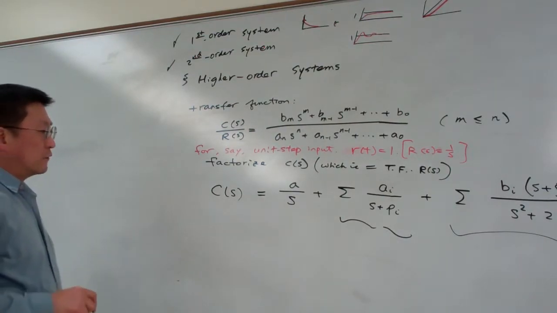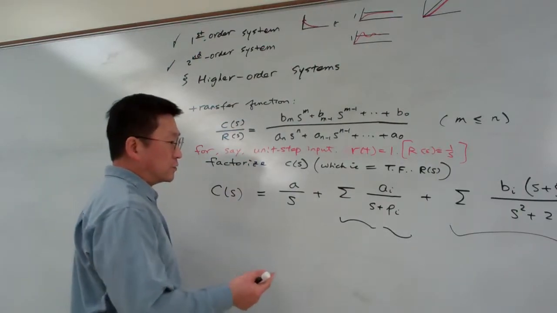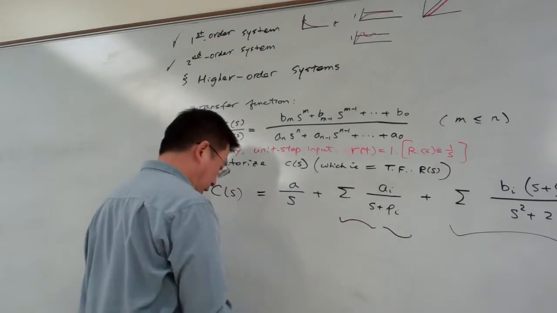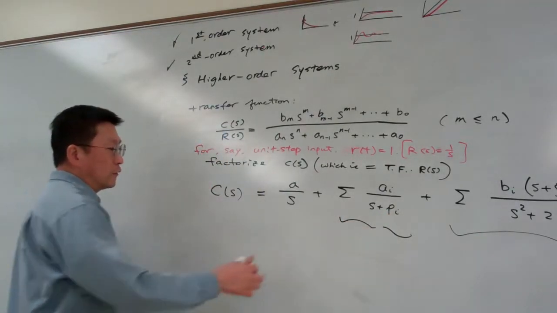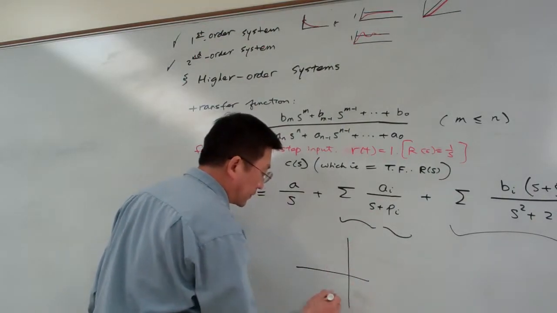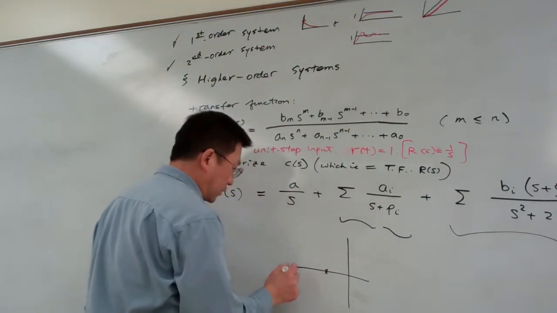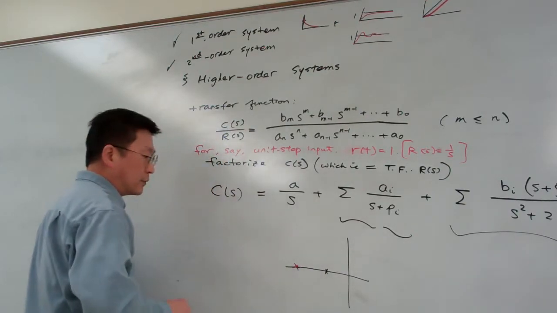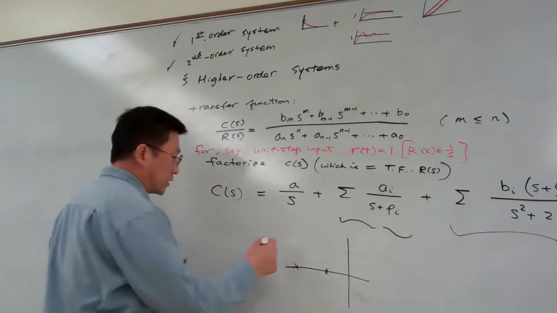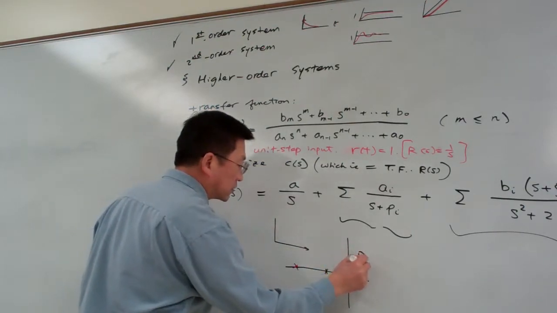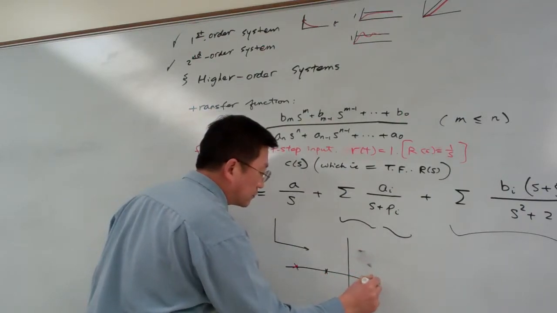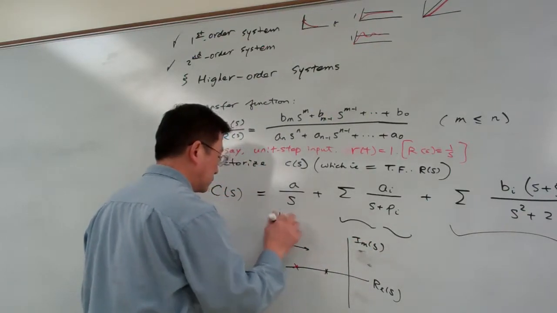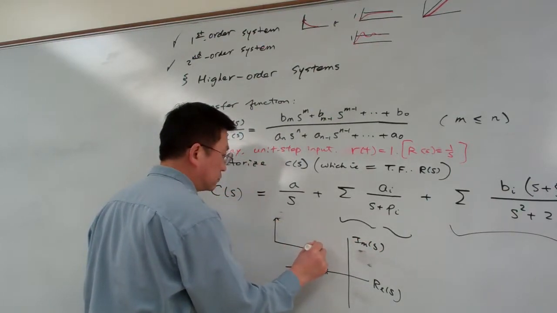With this information, for the first order system, you can tell by the position of the pole. Again here we come to a review. If the pole is here compared to the pole here, its time response corresponds to this.